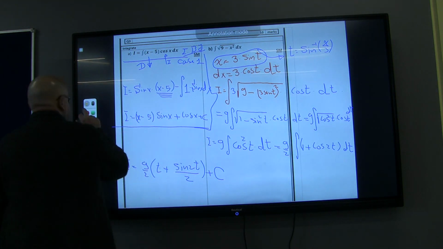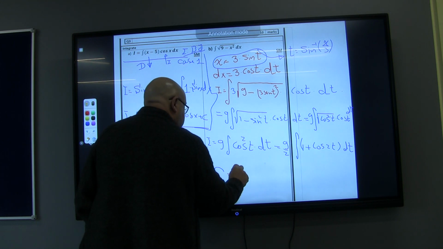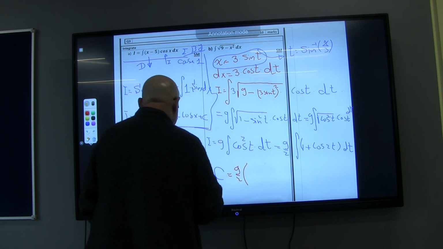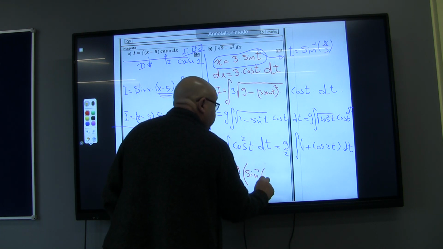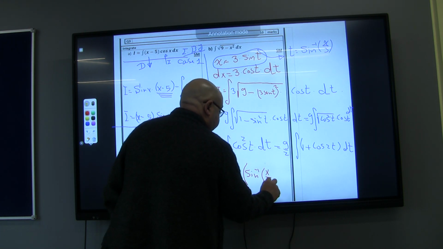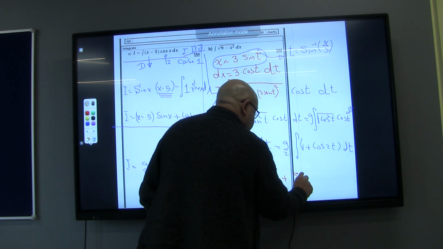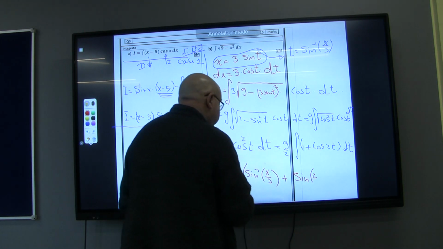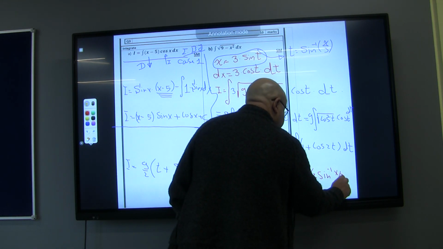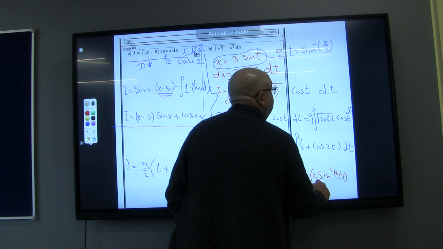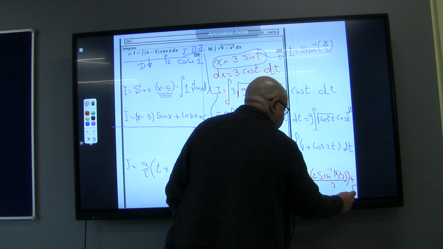The final step, if you like to go for it, is simply 9 over 2 times the bracket: replace t, which is going to be sine inverse of x over 3, plus sine of 2 times sine inverse of x over 3, all of this divided by 2, plus your constant.